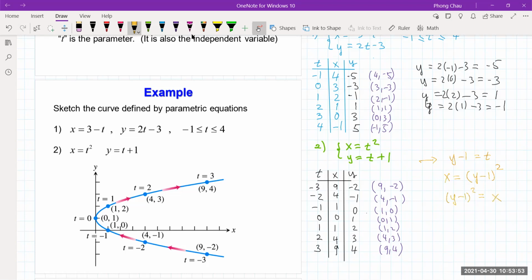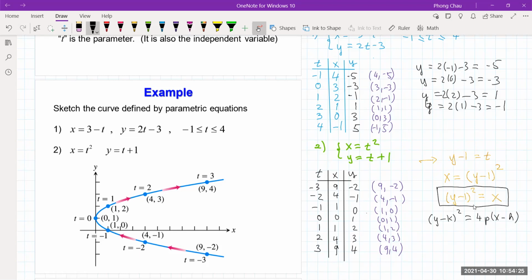Now, if you're looking at this, hopefully you have a bit of memory. What is the graph of this equation? It is a parabola, right? I think this fits one of the forms: y minus k squared equal 4p times x minus h. Remember that one? The conic section, that is the parabola.